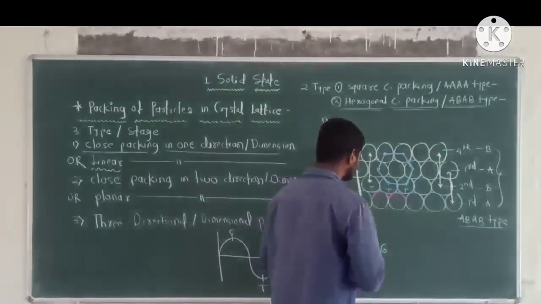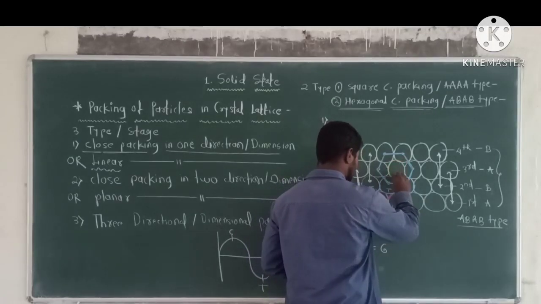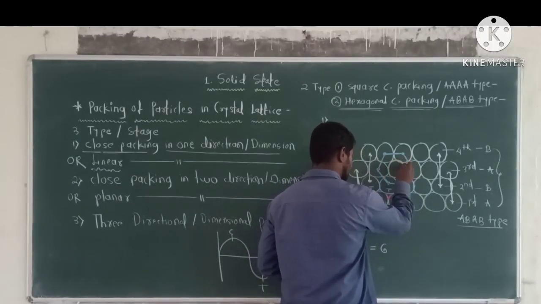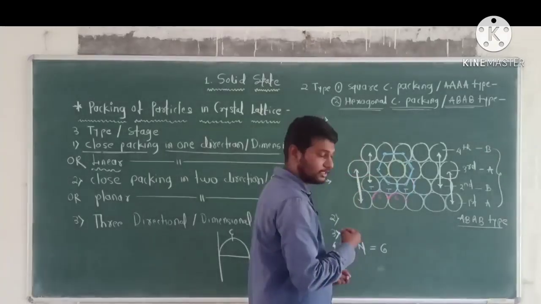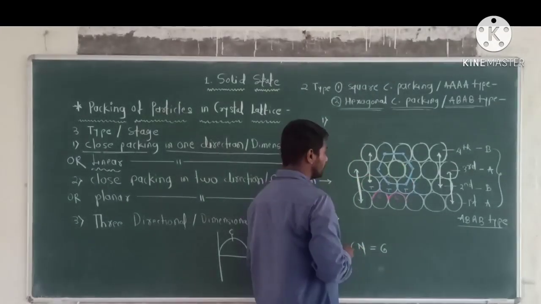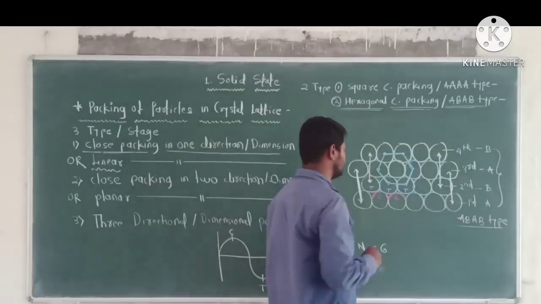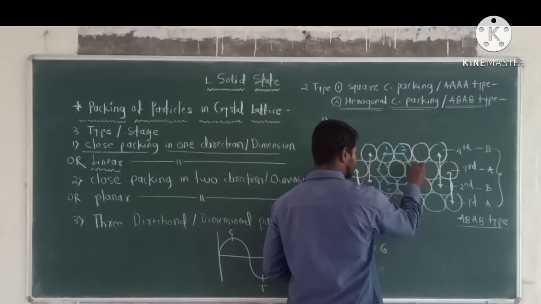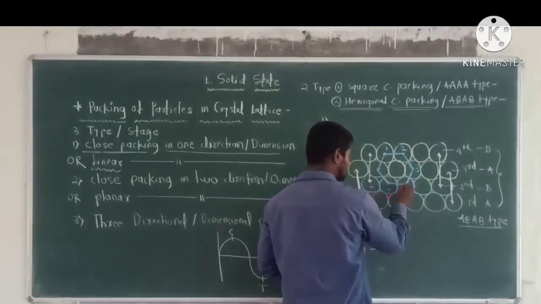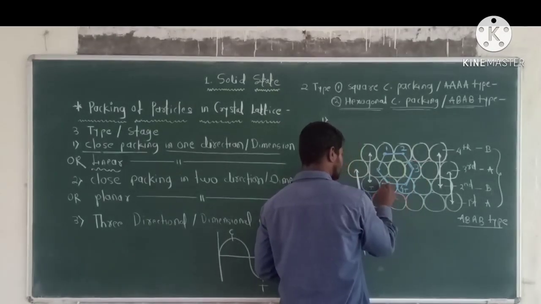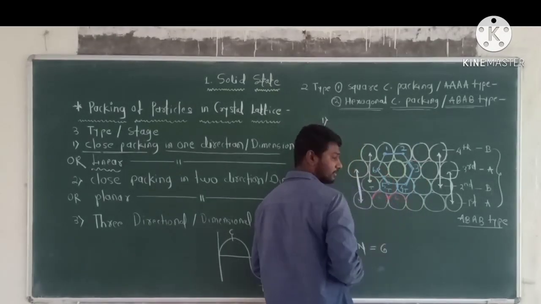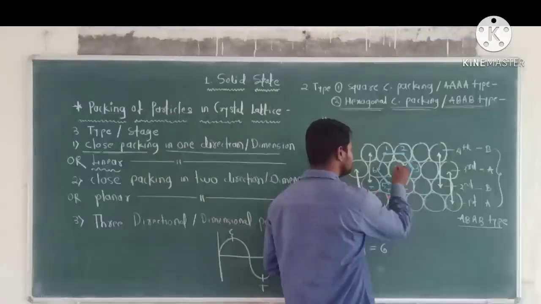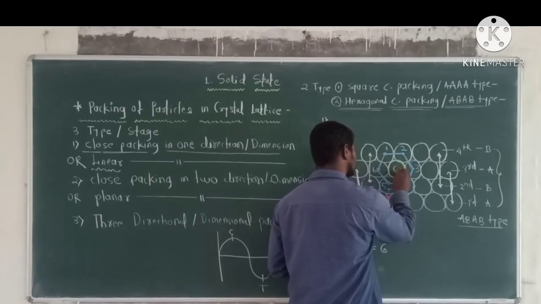Let's see. This is the constituent particle. This constituent particle is surrounded by, or in contact with, 6 other constituent particles. First, second, third, fourth, fifth and sixth constituent particle. Therefore, the coordination number of this constituent particle is 6.